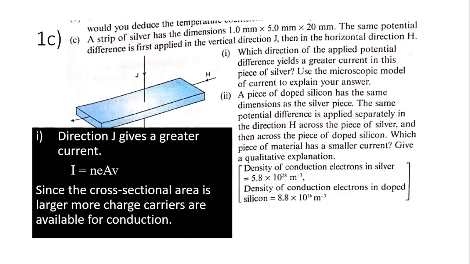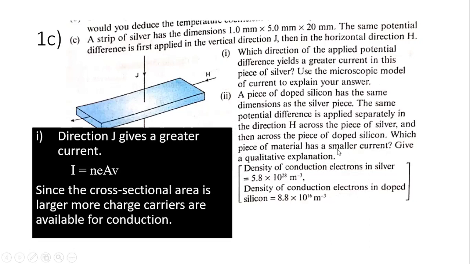Okay now. Then a piece of doped silicon has the same dimension as the silver piece. The same potential difference is applied separately in the direction H. That is the direction H. And then across a piece of doped silicon, apply to silver and apply to doped silicon.